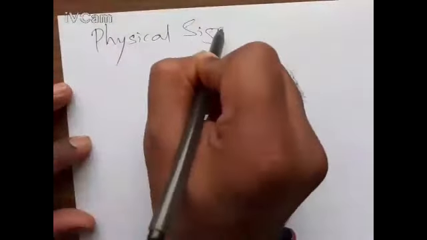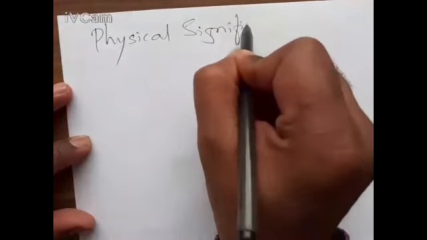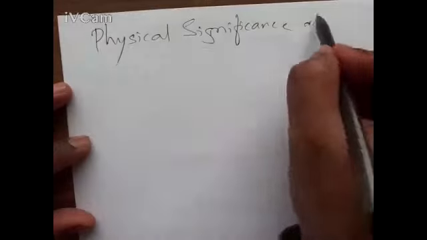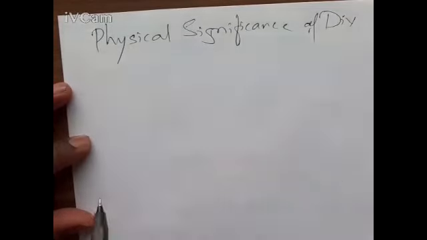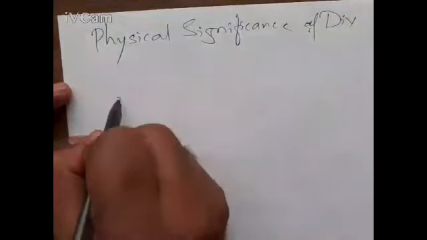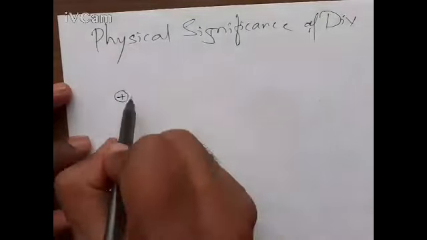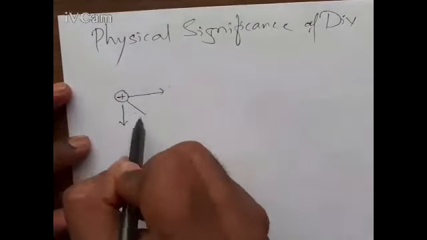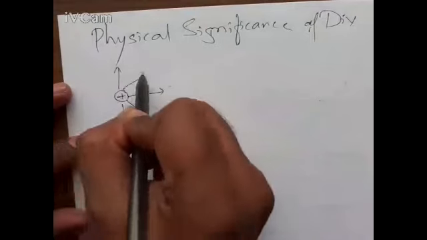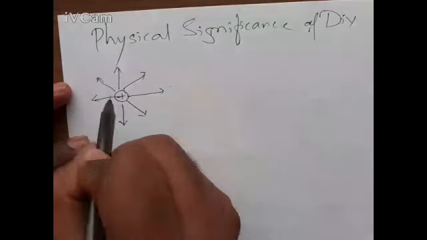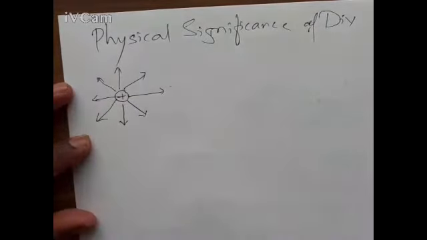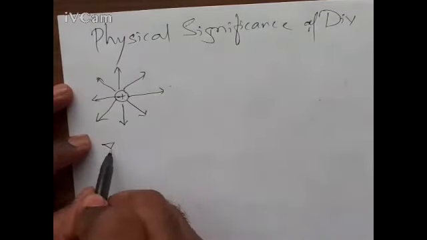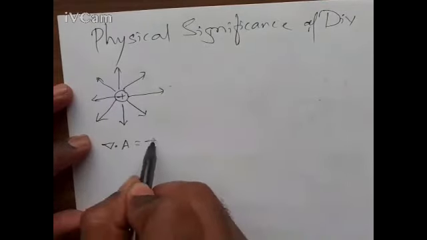Significance of the divergence. When it is positive, the fields go away from this point, the fields are going away, and at that time del dot A is positive.